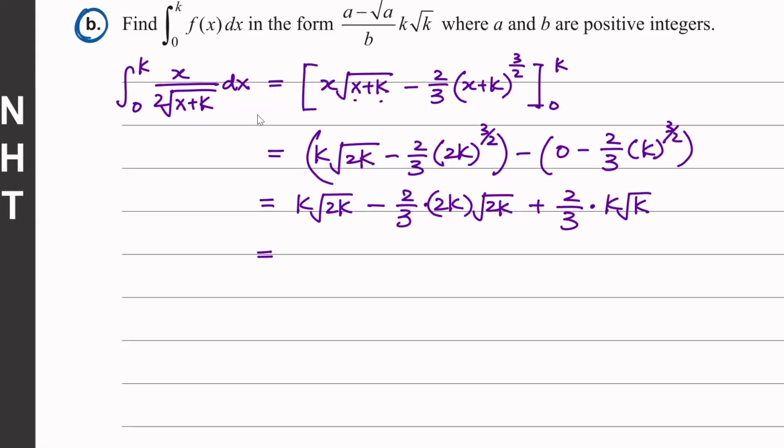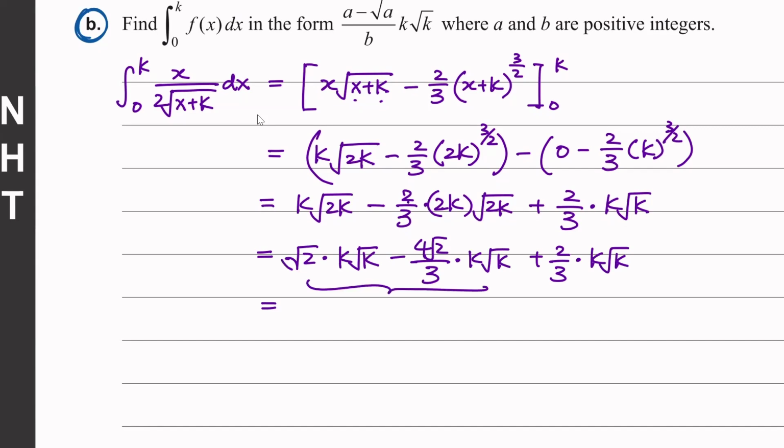So the next thing you want to do is take out the root 2, put it as k root k minus 2 times 2 times root 2, 4 root 2 divided by 3 times k times root k, plus 2 on 3 times k times root k. You can actually combine these two terms because they have some root 2 here.